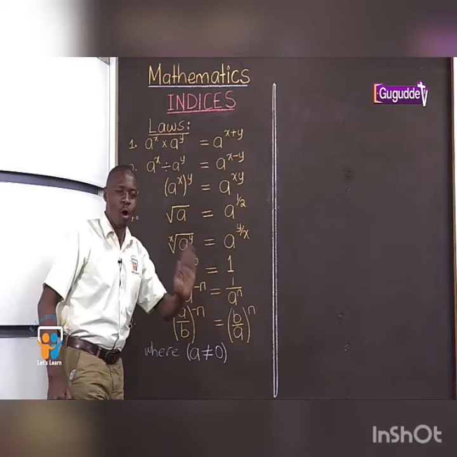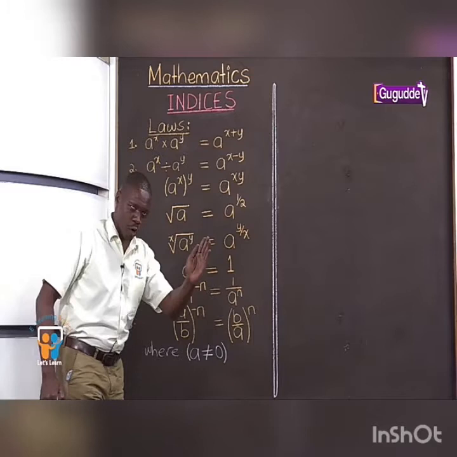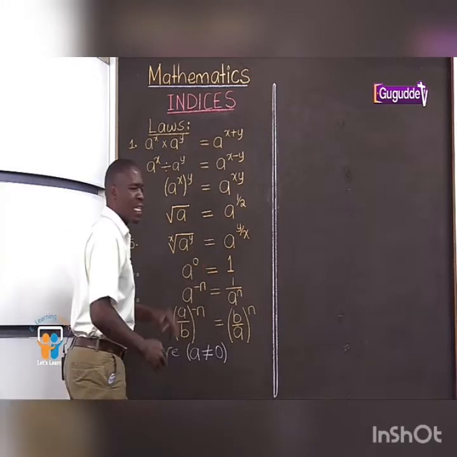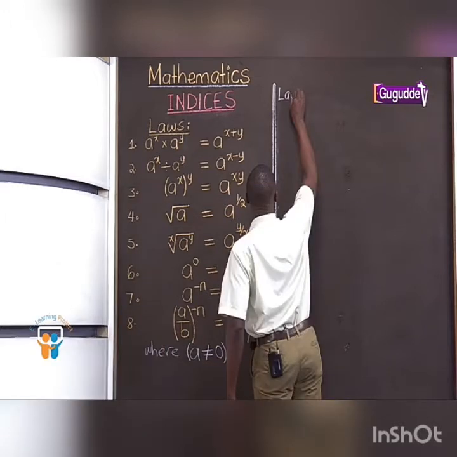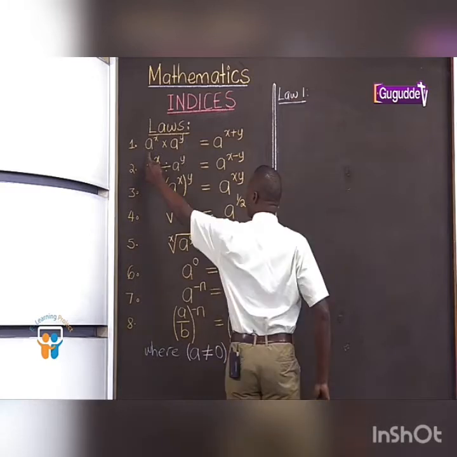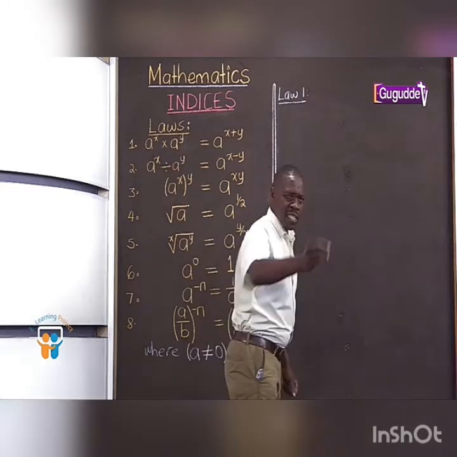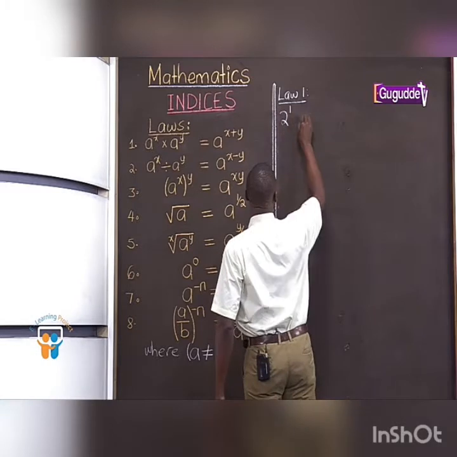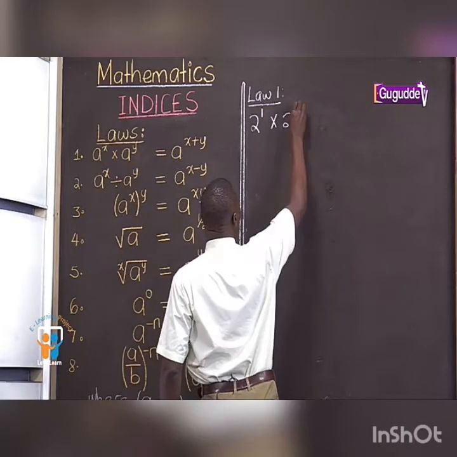Now let us look at law number 1. Mr. Examiner, sir. Law 1, you are telling us that when the bases are the same and you are multiplying, you add the powers. Suppose we have 2 to the power 1 times 2 to the power 5.